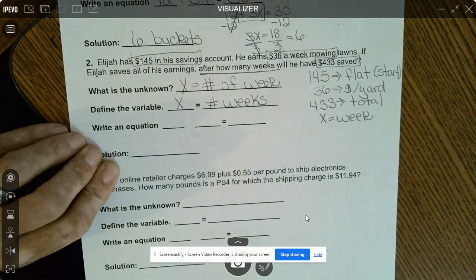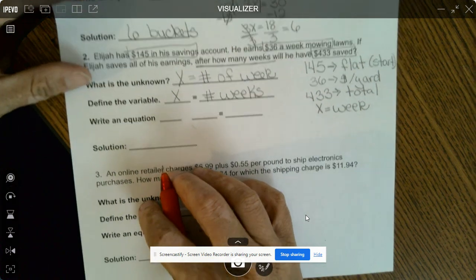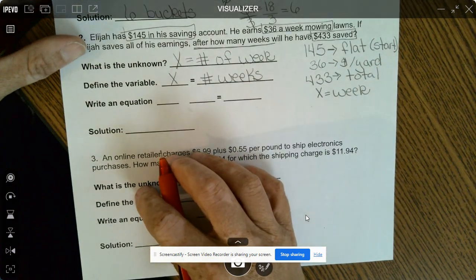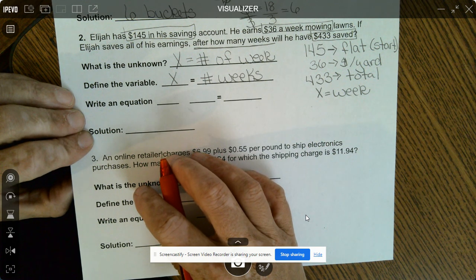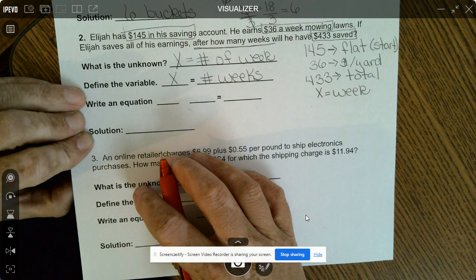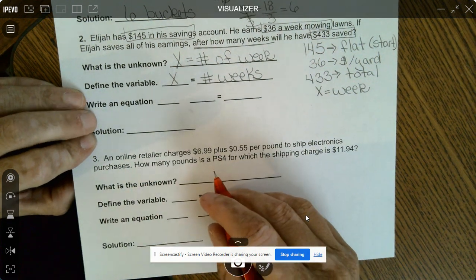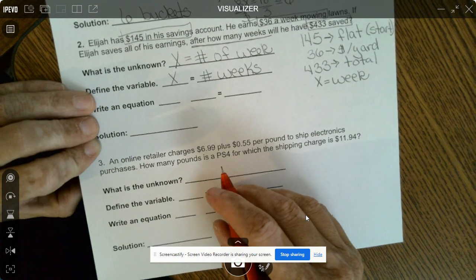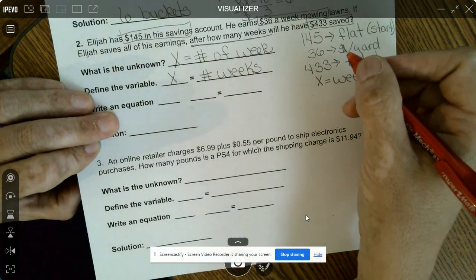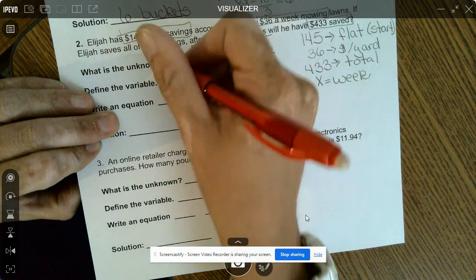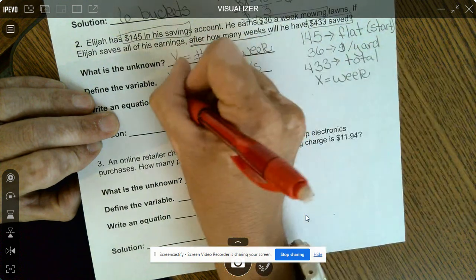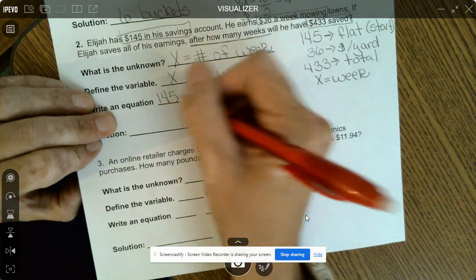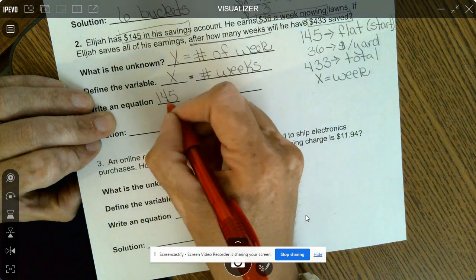All right, let's go ahead and write our equation. Who wants to start, somebody who I haven't heard from today? All right, how do we want to start this out? Yes. So 145 is a flat rate.